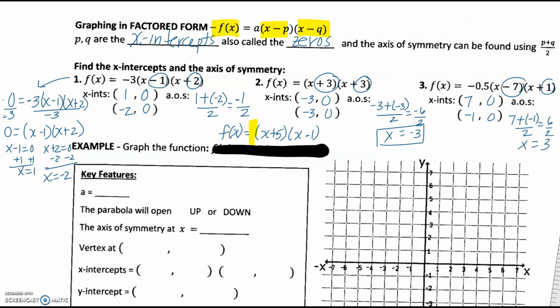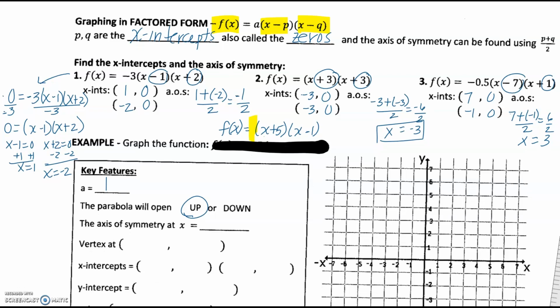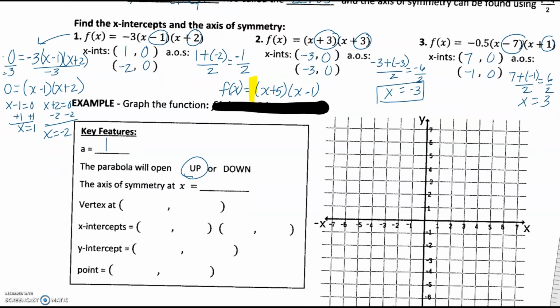My a is always what's in front of the parenthesis. Nothing's there, we don't say 0, we say 1. It's an understood 1. That means my parabola is going to open up.